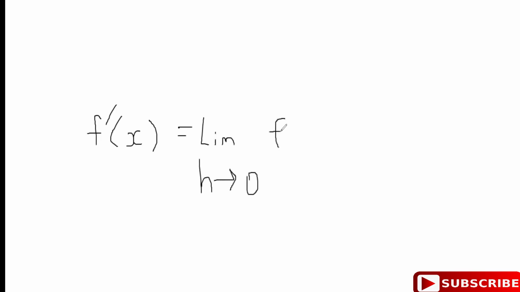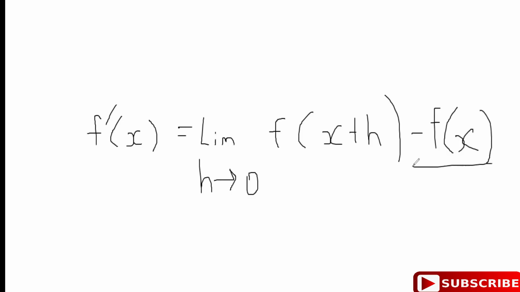F prime of x, for any function, the first derivative is equal to the limit as h goes to 0 of f of x plus h minus f of x over h. That's the definition of a derivative.